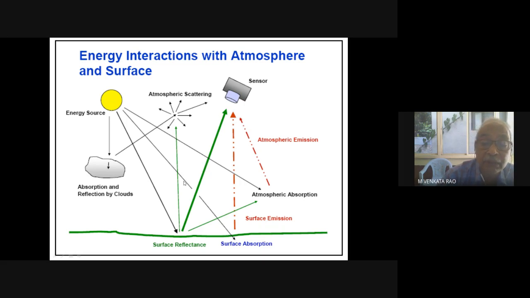Particularly in ocean sensing, as I mentioned last time, for potential fishing zones we have to sense the ocean color. The radiation from the ocean is very low. So we use two bands in the infrared region. They totally absorb the energy and don't reflect at all.